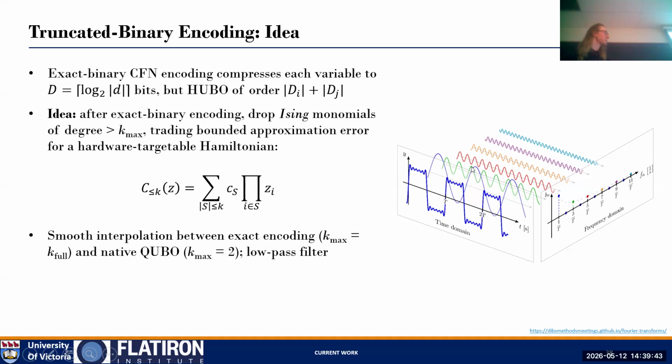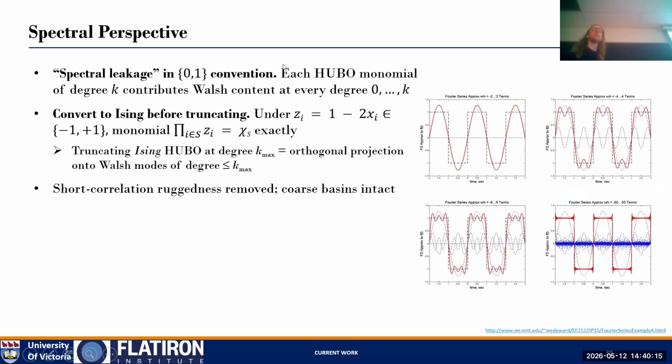So basically what this is doing is taking a cost function network, encoding it into a binary variable form, taking the Fourier decomposition of that function, and then chopping off higher frequency modes within the Walsh-Hadamard basis. So depending on where you conduct this chopping, it allows a smooth interpolation between exact encoding and native QUBO form, essentially acting as a low pass filter.